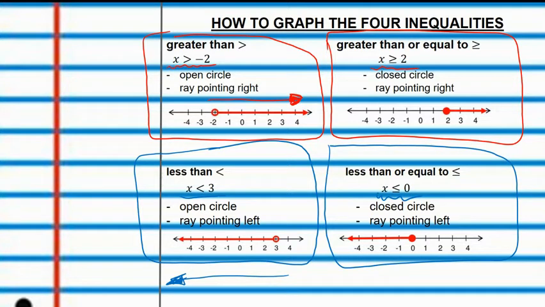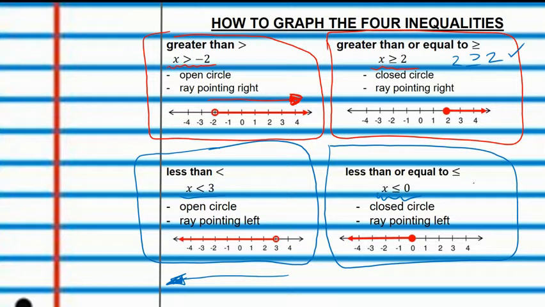So if we were to substitute in both of these examples, -2 is not greater than -2. 3 is not less than 3. So we cannot include these values in the inequality. 2 is greater than or equal to 2.